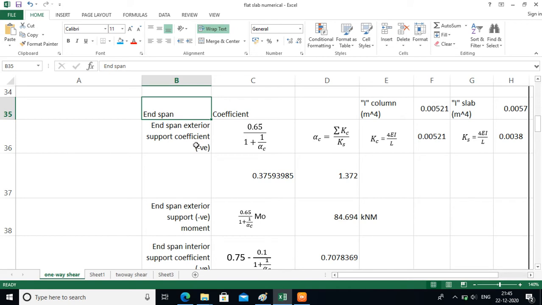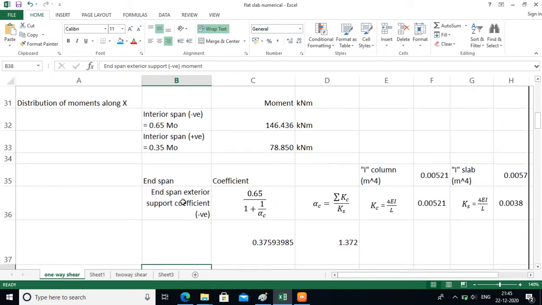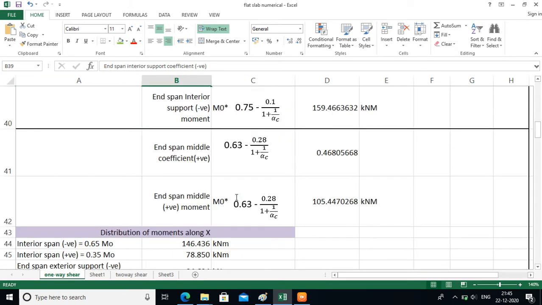The very first is the end span exterior support coefficient, which we have already covered. Next is the end span interior support, and the third is the end span middle.